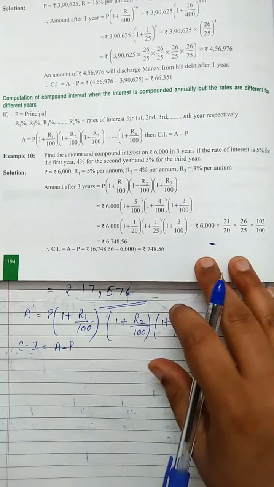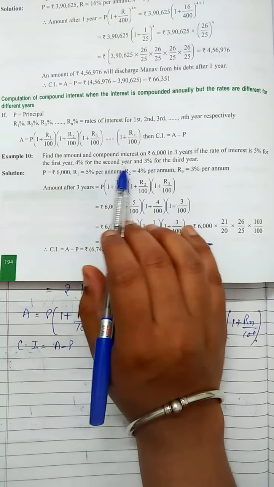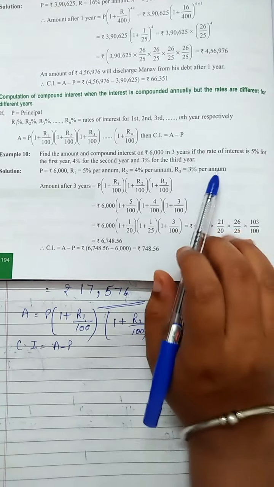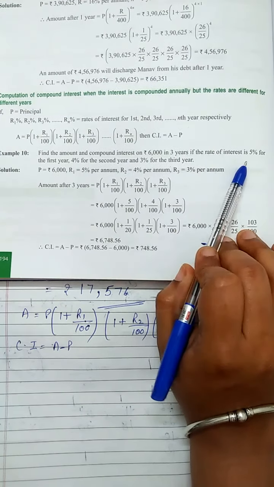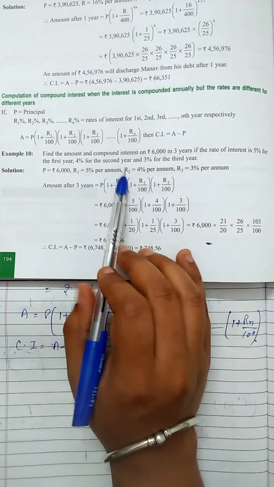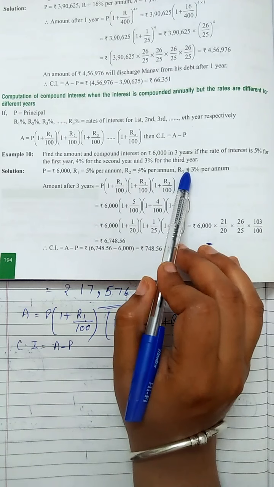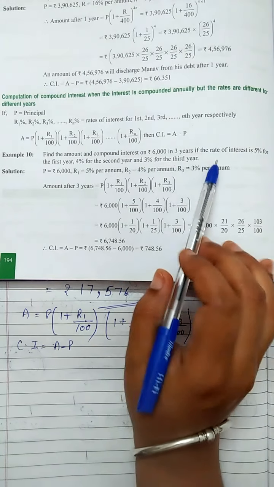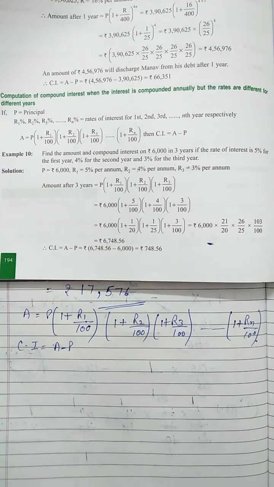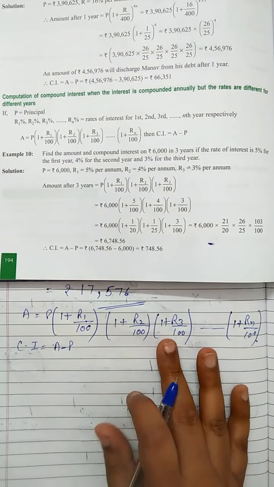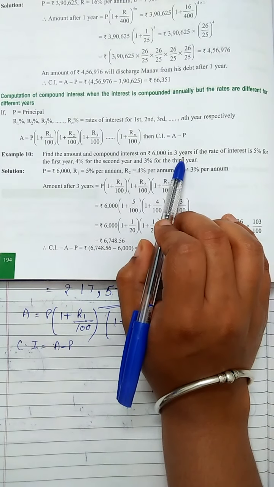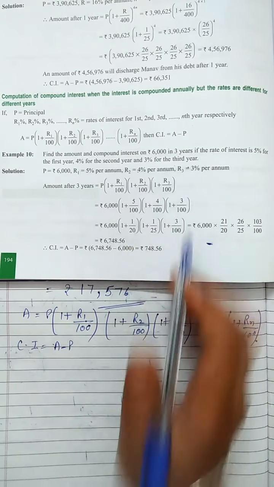Okay, let us take an example. Find the amount and compound interest on rupees 6,000 in 3 years if the rate of interest is 5% for the first year, 4% for the second year, and 3% for the third year. Now here, for every year the rate of interest is different. Okay, so we apply this formula here. As you see, principal is given, time is given, and rates are also given.